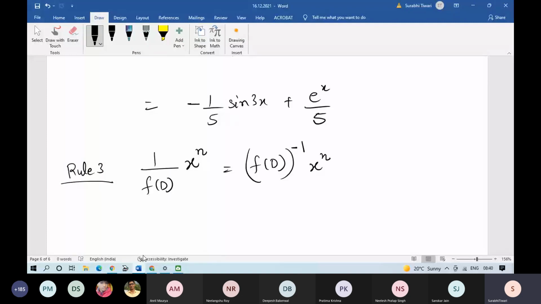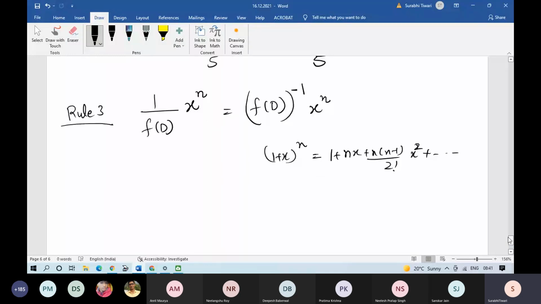Now you arrange this f(D) in the form of (1 plus x) की power n और (1 minus x) की power n. Now (1 plus x) की power n का binomial expansion we have 1 plus nx plus n into n minus 1 upon 2 factorial x square plus so on.